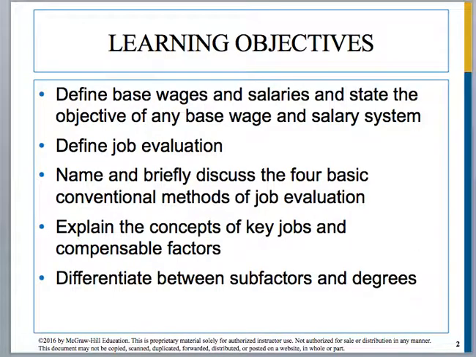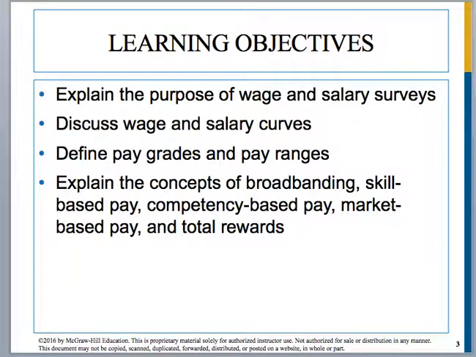By the end of the chapter, you should be able to define base wages and salaries and state the objective of any salary and wage system, define job evaluation, name and briefly discuss the four basic conventional methods of job evaluation, explain the concepts of key jobs and compensable factors, differentiate between subfactors and degrees, explain the purpose of wage and salary surveys, discuss wage and salary curves, define pay grades and pay ranges, explain the concepts of broadbanding, skill-based pay, competency-based pay, market-based pay, and total rewards.